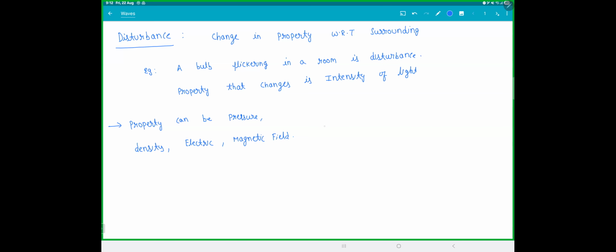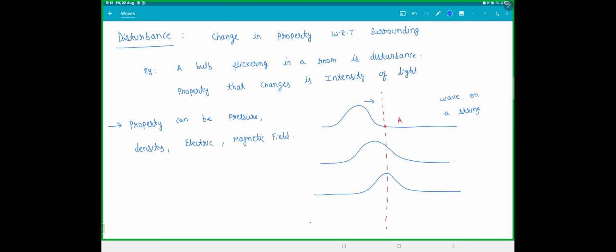So for example, if you take a wave on a string, and you're observing this one point A, as this wave pulse travels forward, you will notice as this bump is going forward, you can see what is happening.